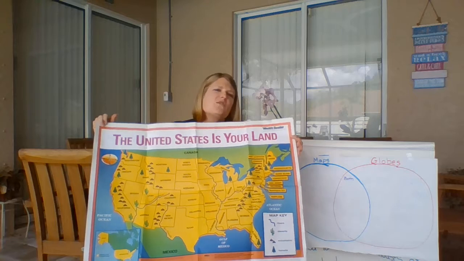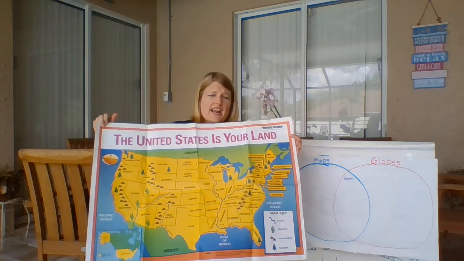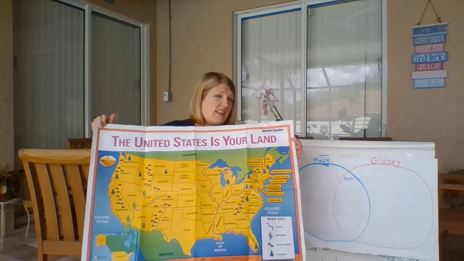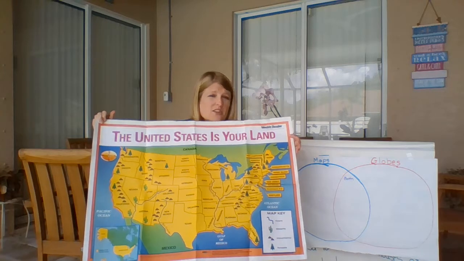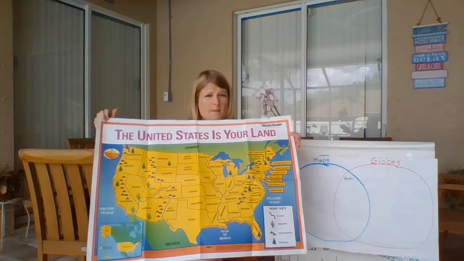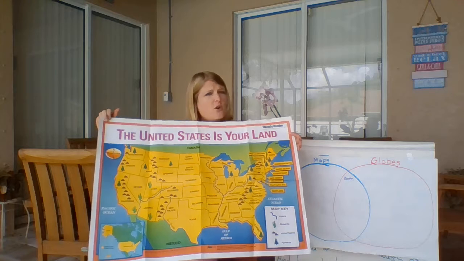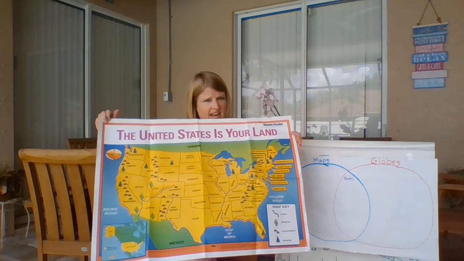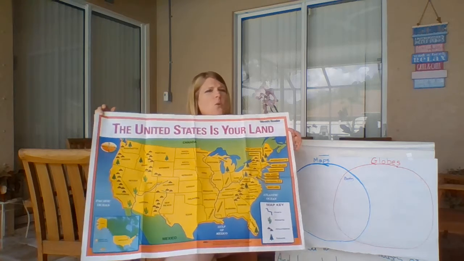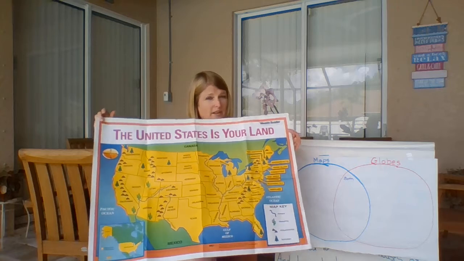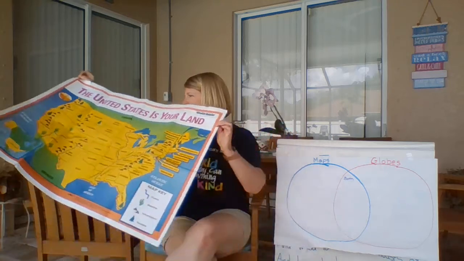That map is very specific to our area, and it shows me very specific things, the roads I need to get somewhere. You can ask your parents to show you some of the maps they may have on their phone, and you may want to look at some different things. So this is what a map is, and we're going to be working a lot more with maps.